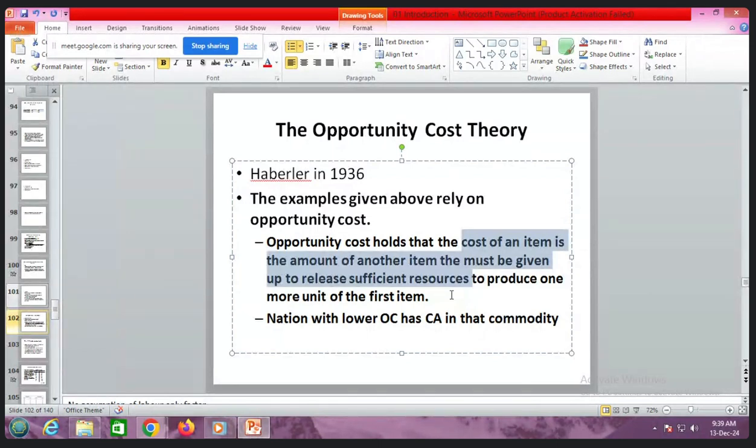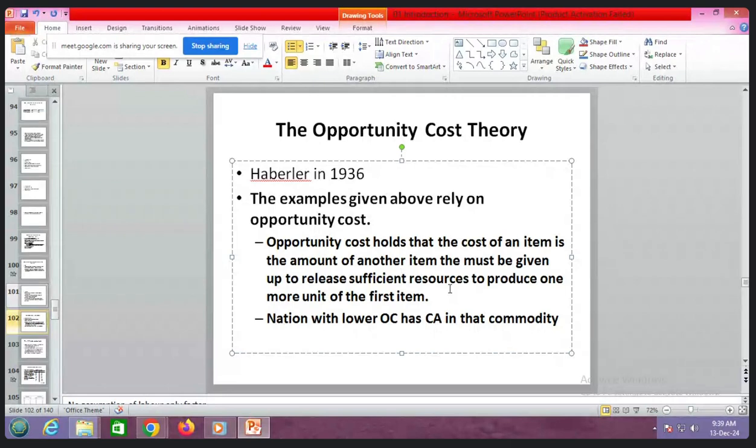We have studied opportunity cost several times in our entire course, right from the 11th standard if we are studying economics. So we are using opportunity cost to determine comparative advantage.